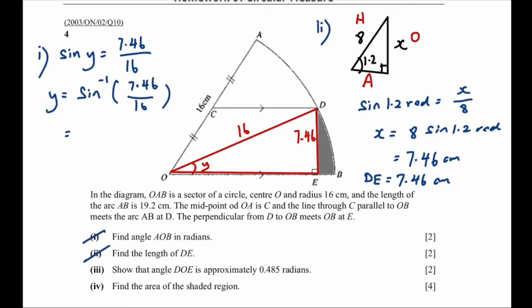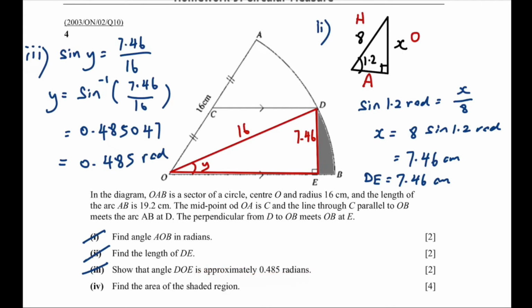Oops, wrong input. So you should get 0.848505 approximately. Approximately meaning you don't give the answer straight away. You give like this first. You write 0.8485047, and then it's very close to 0.8485 radian. This is for question 3.